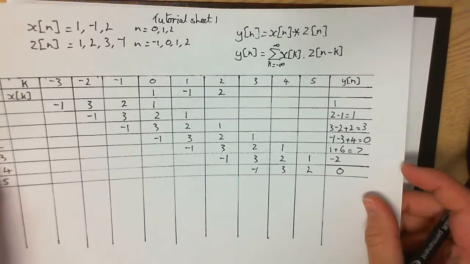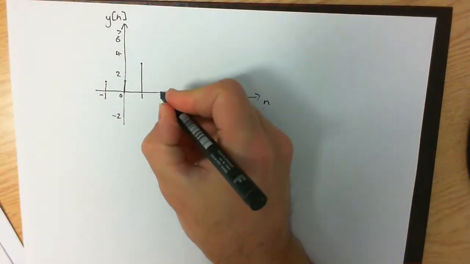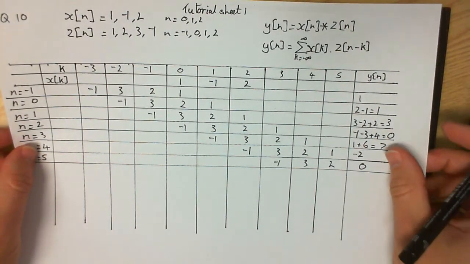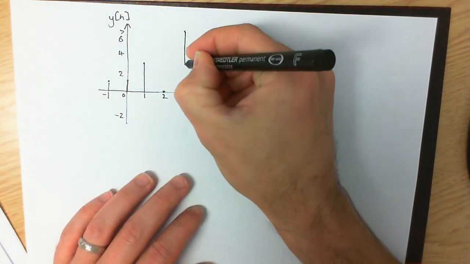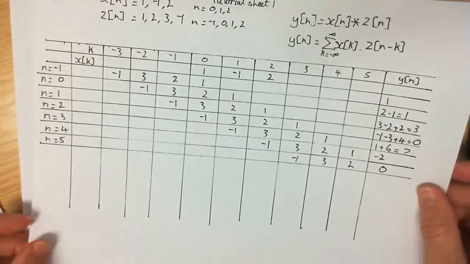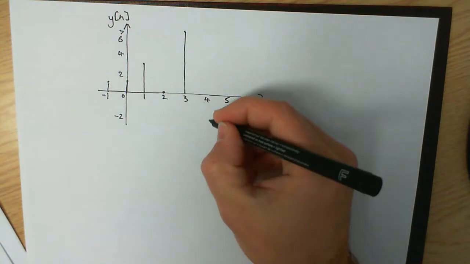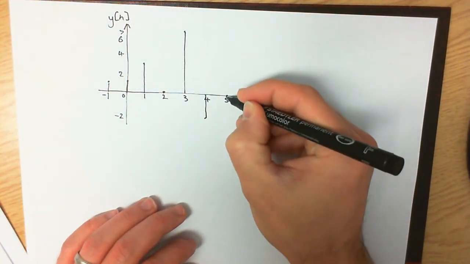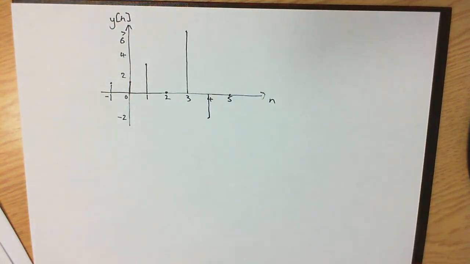When n is 2, we had a value of 0. When n is 3, we had a value of 7. When n is 4, we had a value of minus 2. And then at 5, we go back to 0 again. So that is the output graph that we are after.